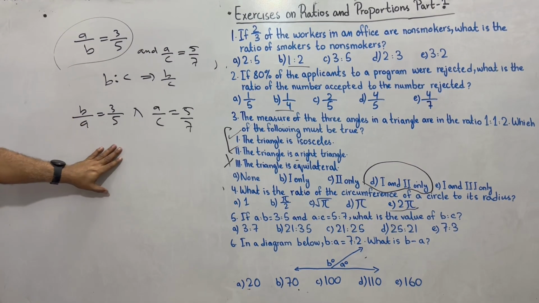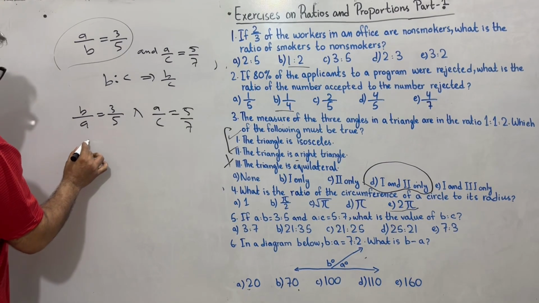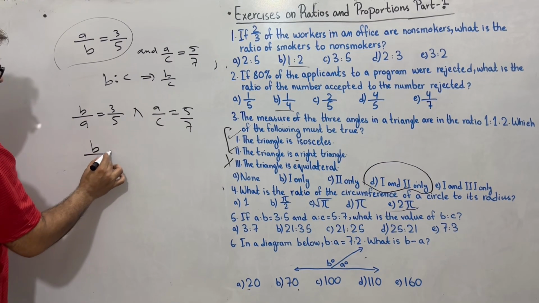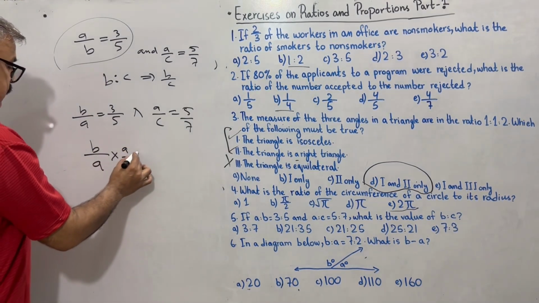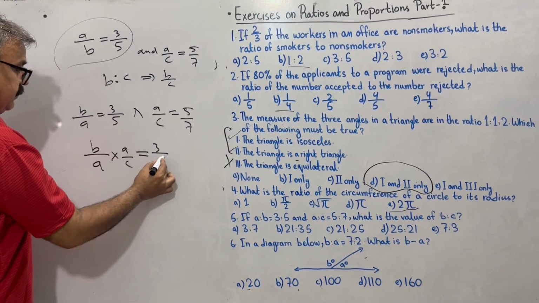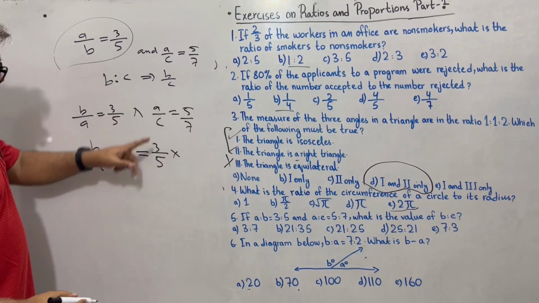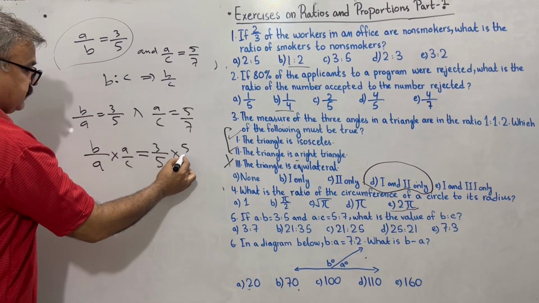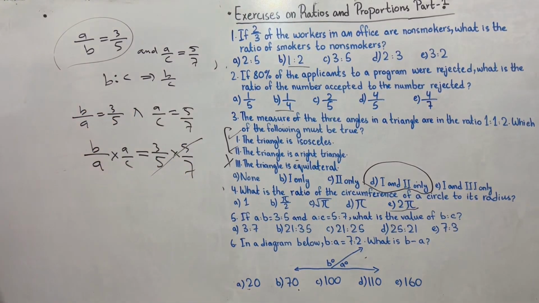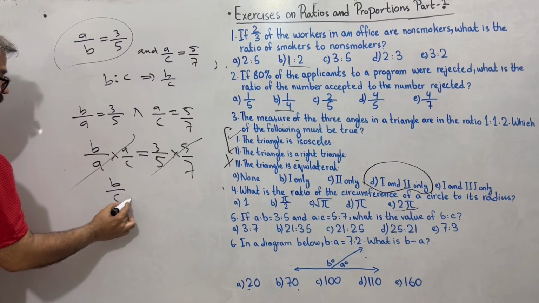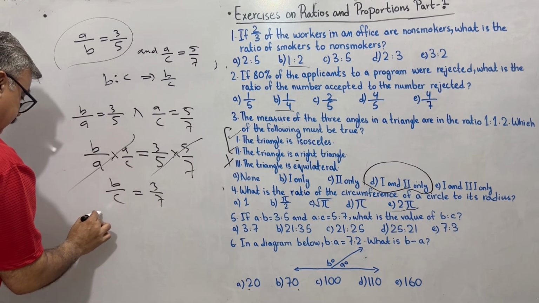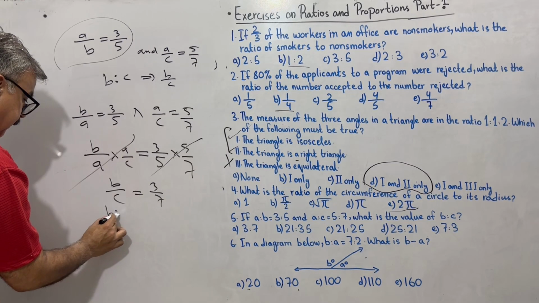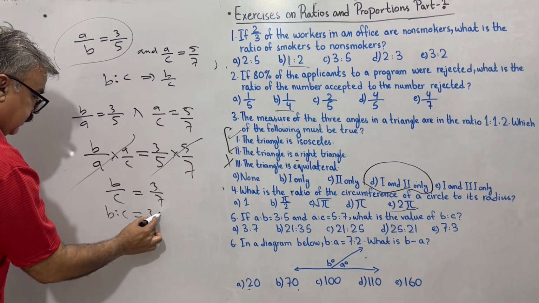Just multiply 1 and 2: B over A multiplied by A over C. B over A is 3 over 5, A over C is 5 over 7. A cancels. I have the ratio of B to C equal to 3 over 7. So the ratio of B to C is 3:7.